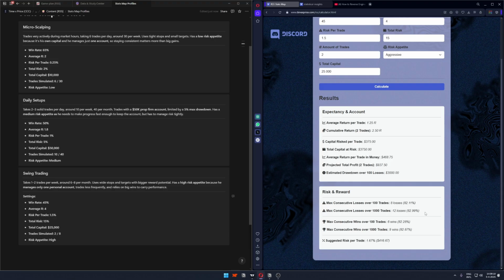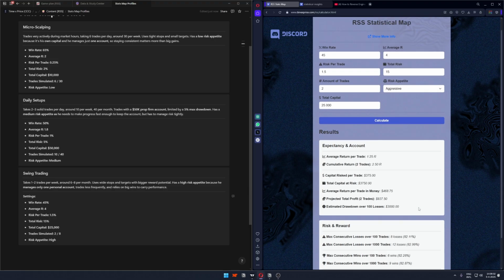So this means there is still a lot of room left as he can sustain these 8 losses, but you can see that as the risk is quite aggressive, around 80%, having a chance of 8 losses in a row, we'll have a bit more dangerous series of trades being able to hit that.